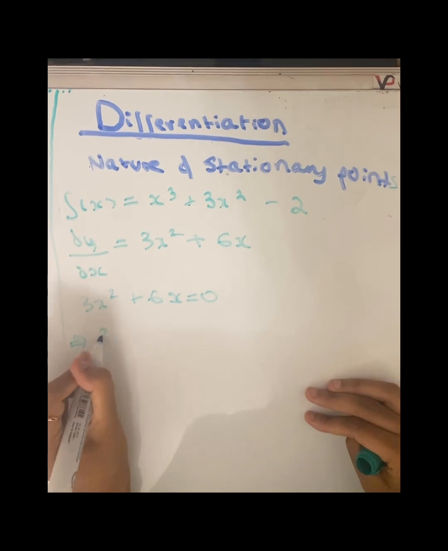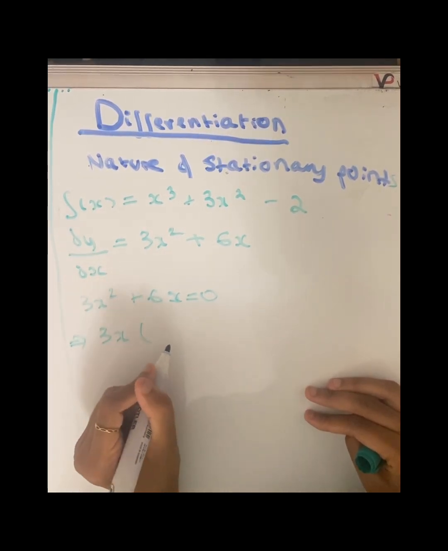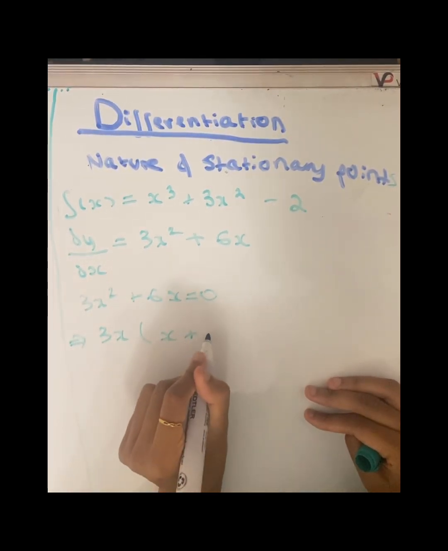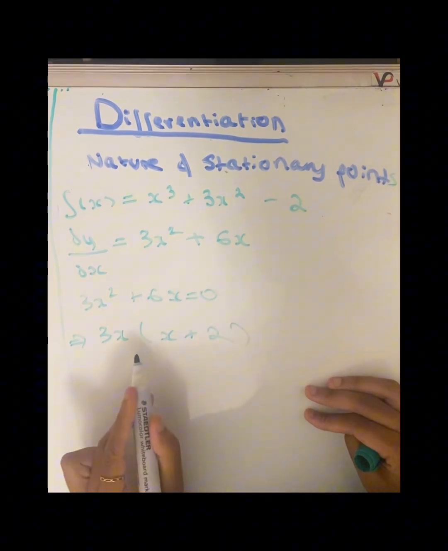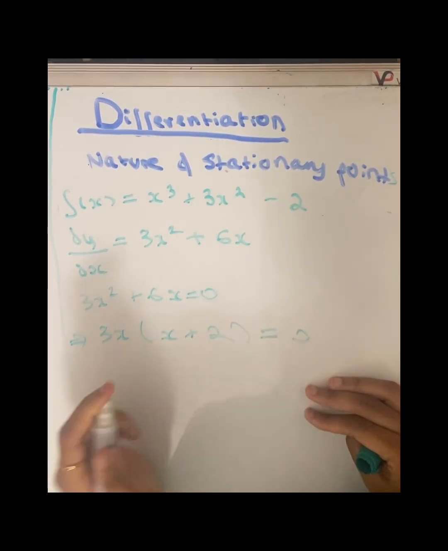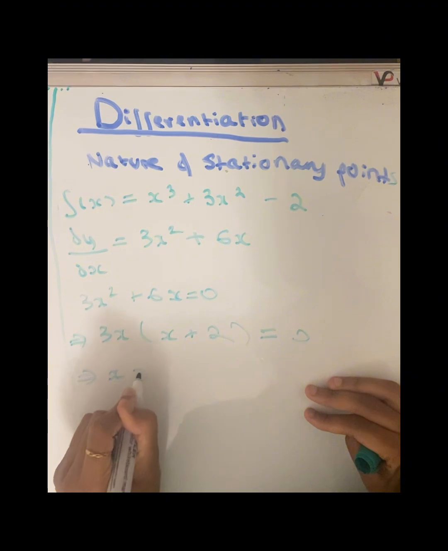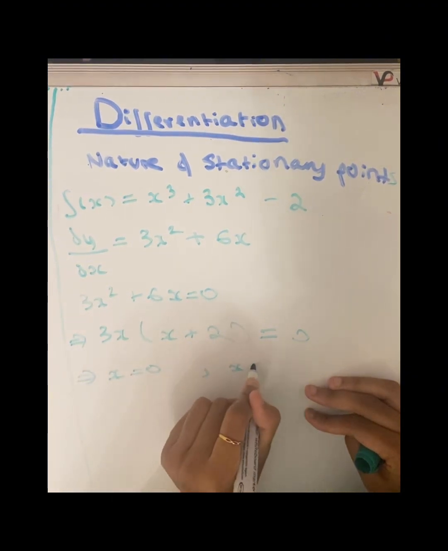We can factor out 3x here, so 3x times (x plus 2) equals 0. So we find out that x equals 0 and that x equals minus 2.